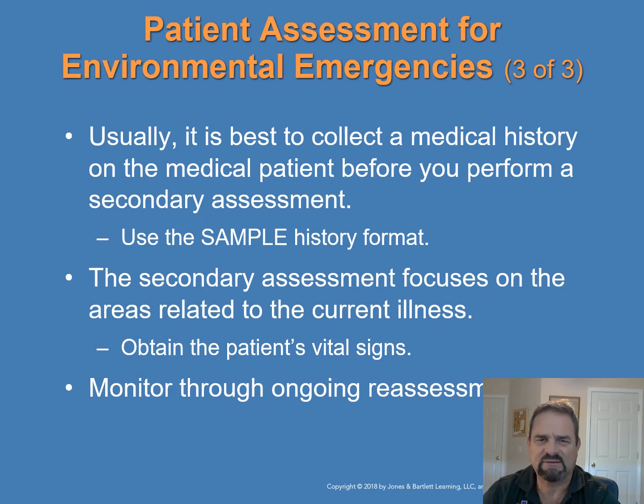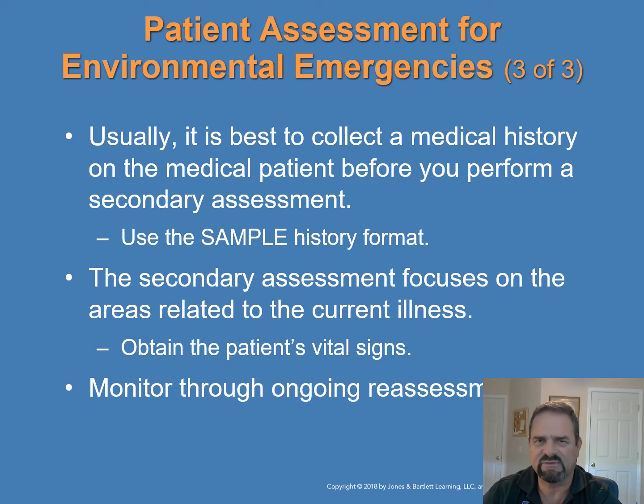Next, you're going to ask A in the SAMPLE history for allergies, okay? M for their medications that they take, whether it's over-the-counter or prescribed medicine or any kind of herbal extracts. And then pertinent past medical history. Is there medical history that's pertinent to their chief complaint? And then their last oral intake. And then finally, what were the events that were associated with or led up to the illness or injury?